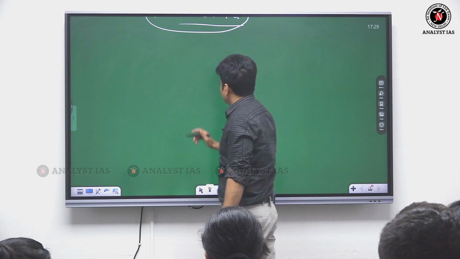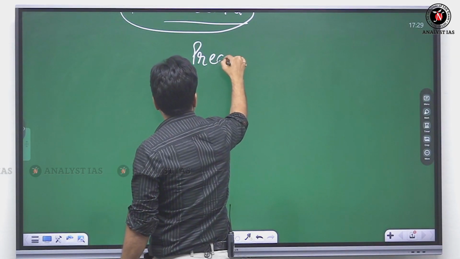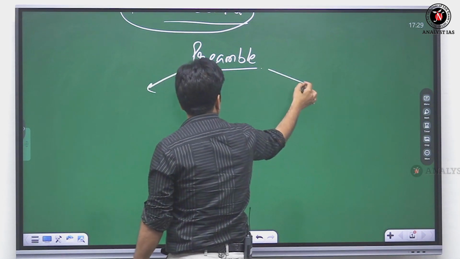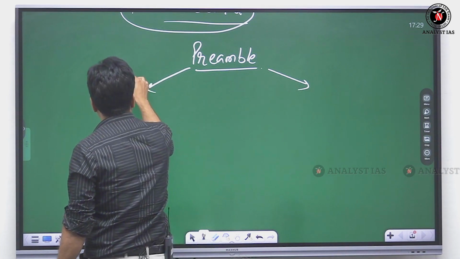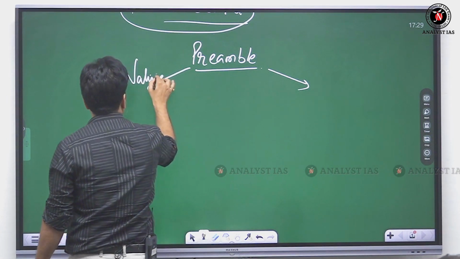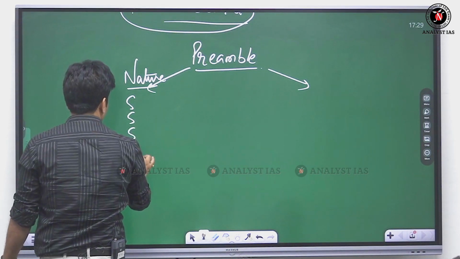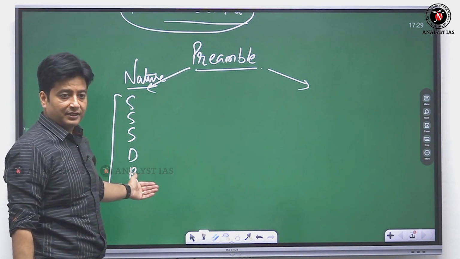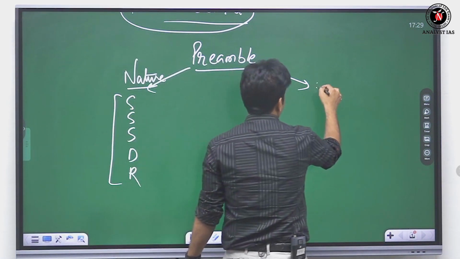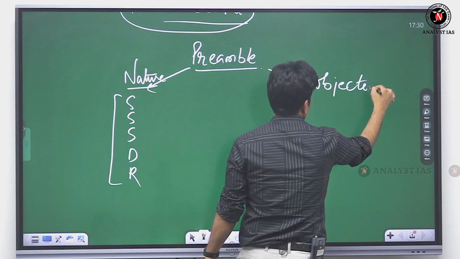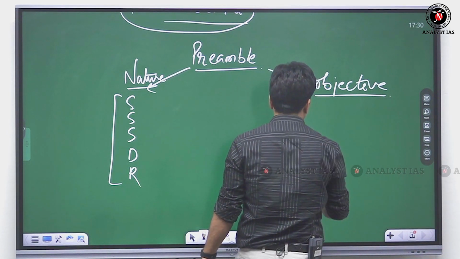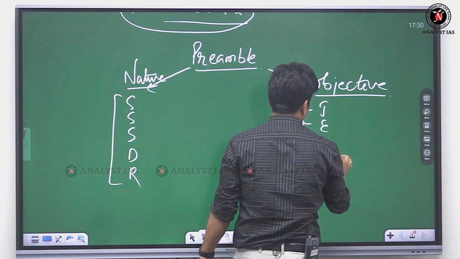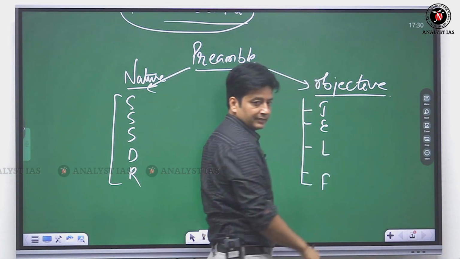Now, if I need to talk about another factor, the preamble has a kind of nature in the constitution that is acronymed as SSSDR, and the objectives are justice, equality, liberty and fraternity.